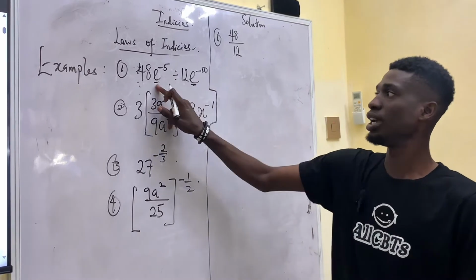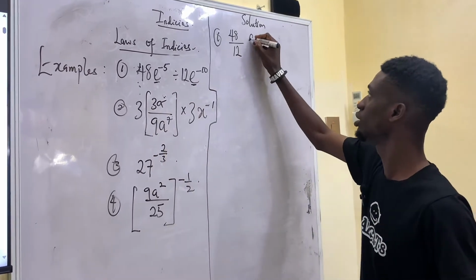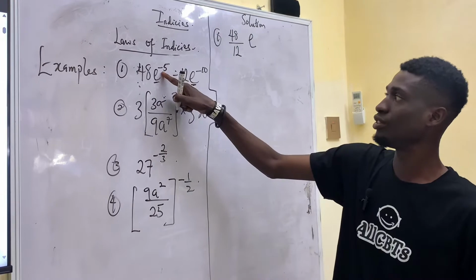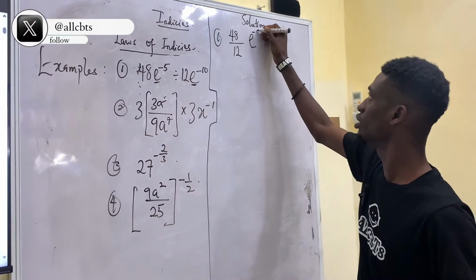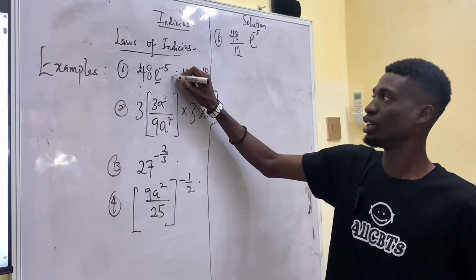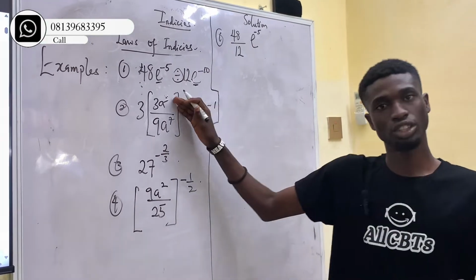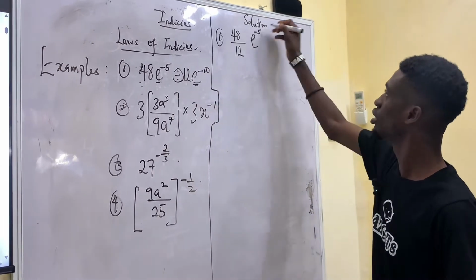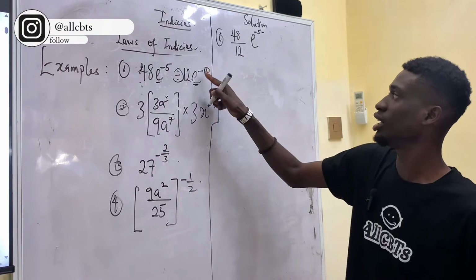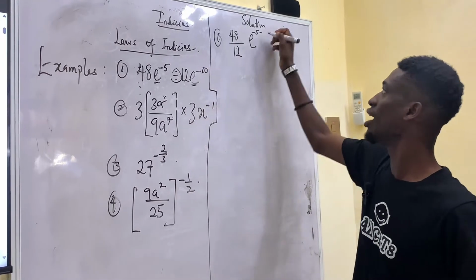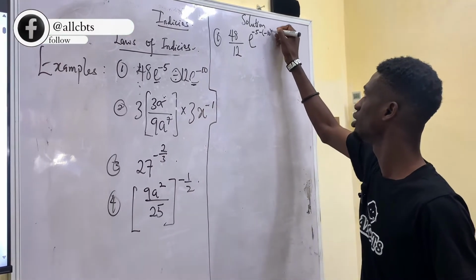Now we have the same base, so we are going to pick e. Now I have negative power minus 5. As you all know in your law 2, your division is going to change to subtraction sign, then at the other power here I have minus 10.